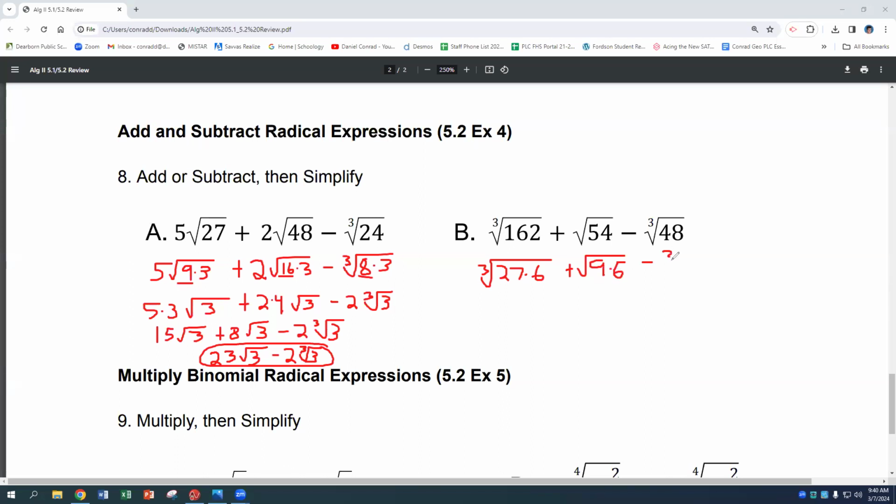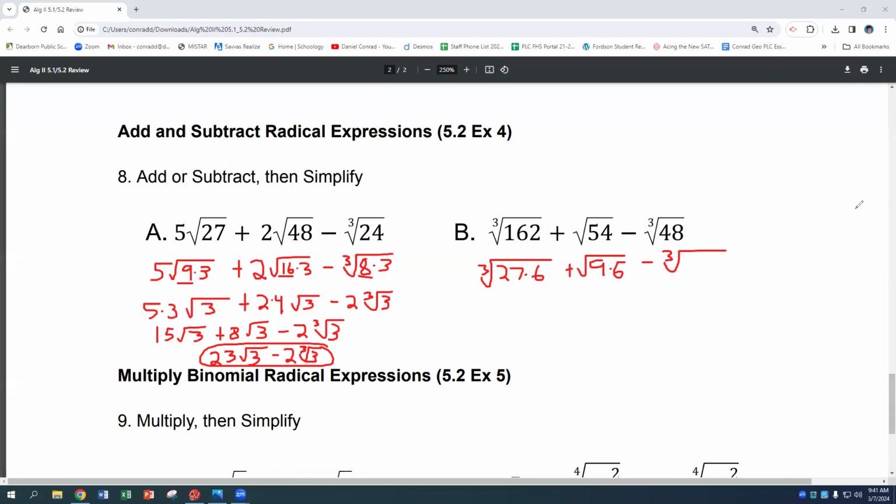Okay, and then cubed root. Again, same process. 16 times, well, 16 is not going to work, right? Perfect cubes.